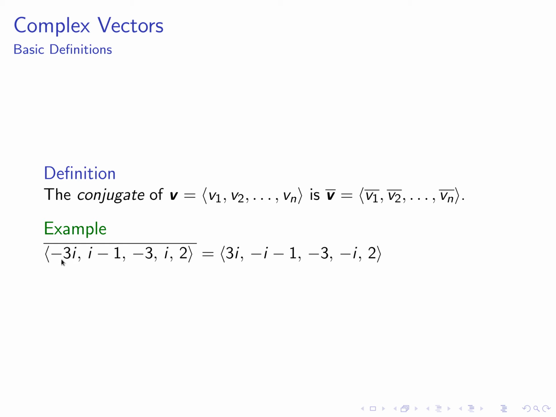The conjugate of -3i is plus 3i. The conjugate of i minus 1 is -i minus 1. The conjugate of -3 is just -3, so that coordinate doesn't change. The conjugate of i is -i, and the conjugate of 2 is equal to 2, so the last coordinate doesn't change.